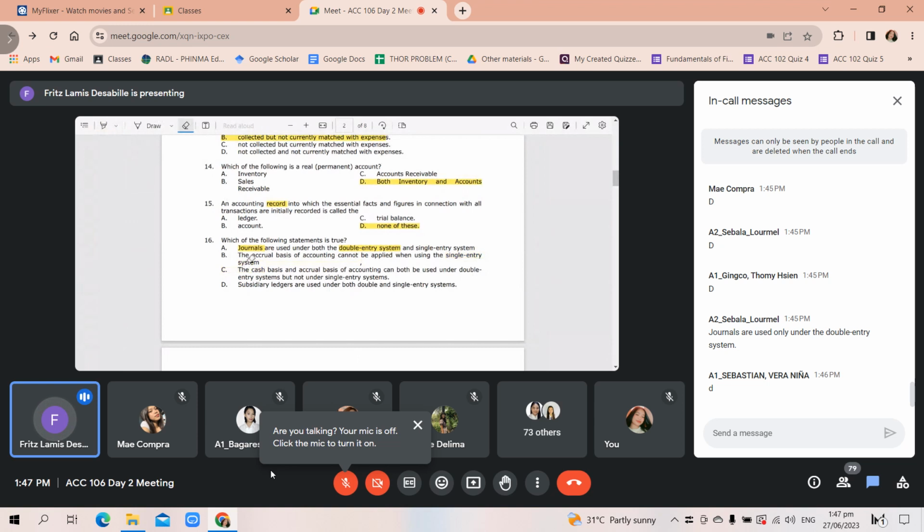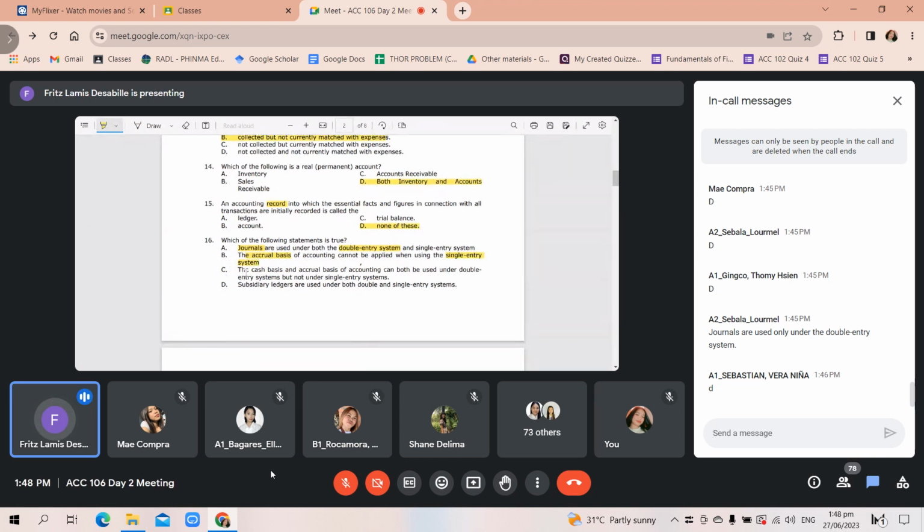Again, let me clarify ha. So A is obviously wrong. B is wrong also because you may still apply, panote na lang ko guys ha, you may still apply the accrual basis for the single entry system.